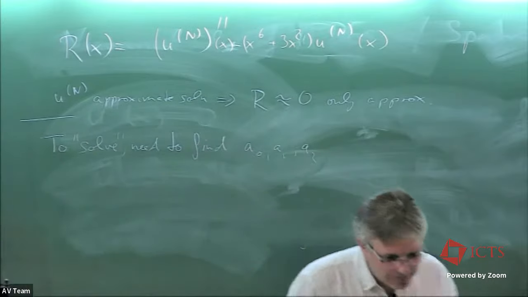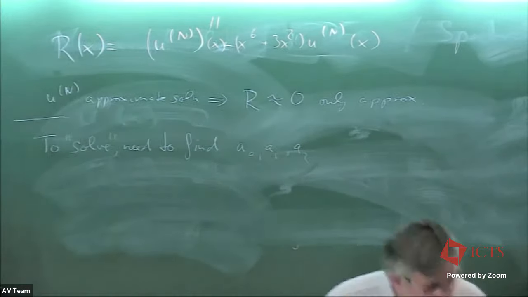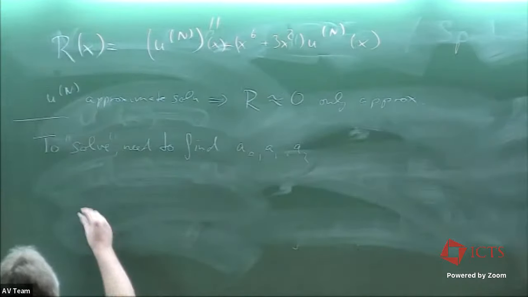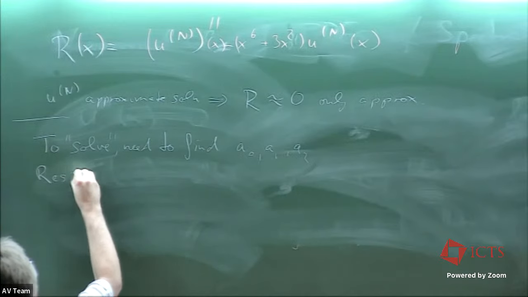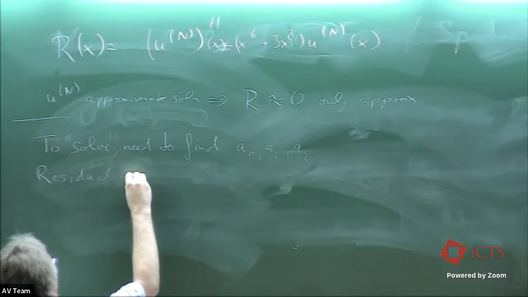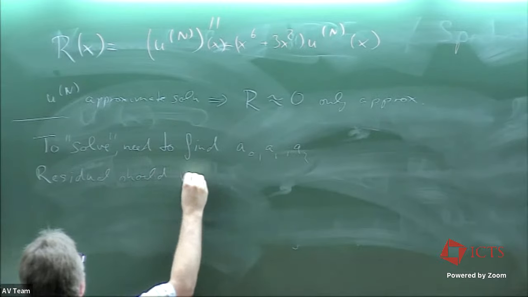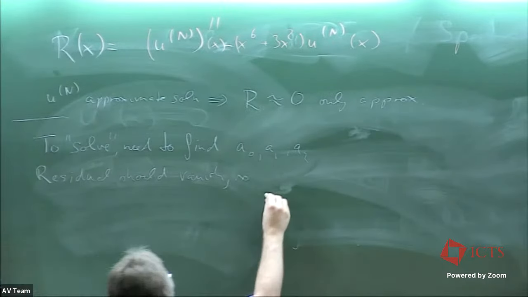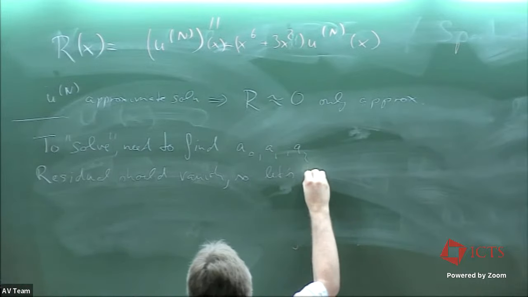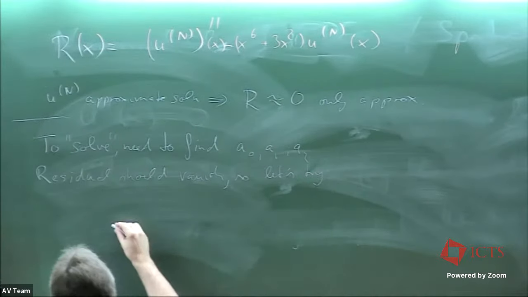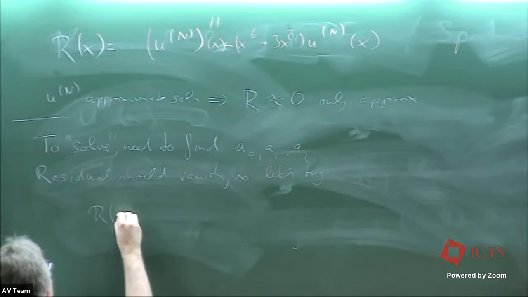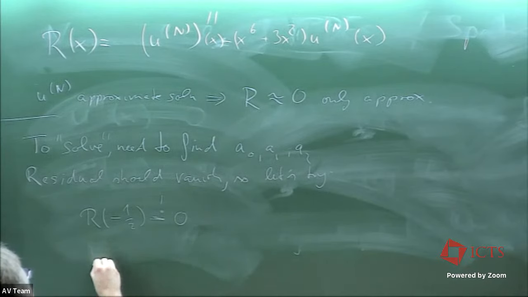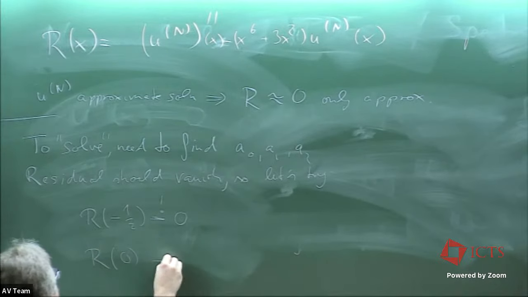And one obvious and simple thing to do is that our residual should vanish, so let's simply try to set it to zero exactly at three different values for x.